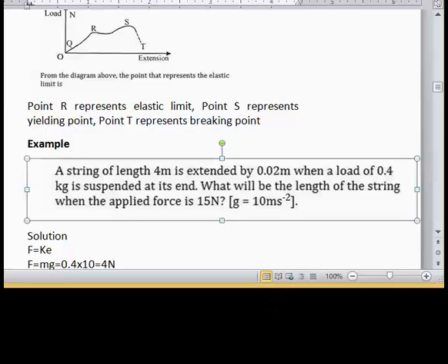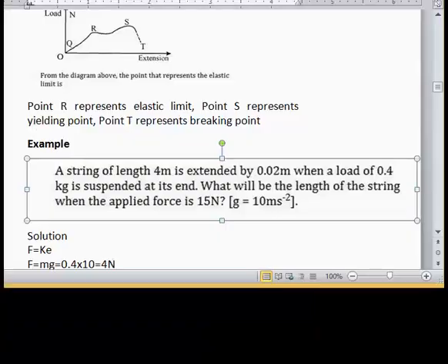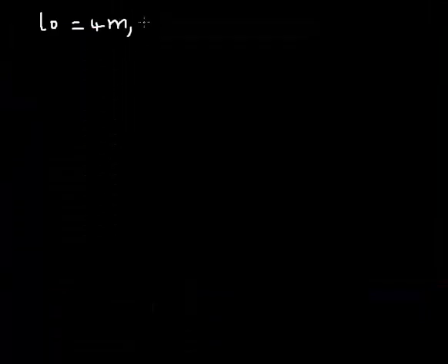So a string of length, the original length, I have to write my parameters first. The original length of the string is 4 meter, it's extended by 0.02 meters, so the extension is 0.02 meter.